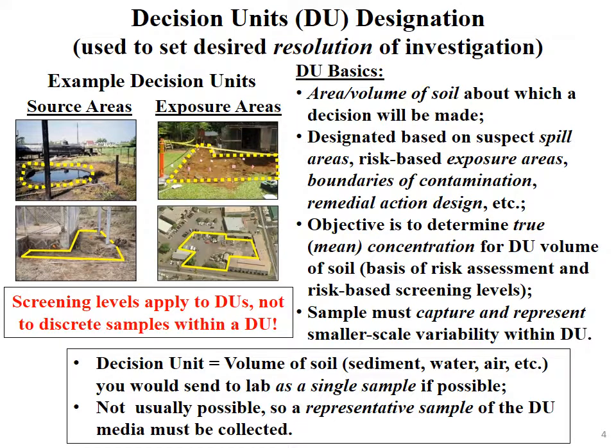And there's also associated with each DU then a decision statement. So once you collect the data, then you're prepared to carry out some action on that decision. So in this case, if the concentration of lead in this backyard exceeds Hawaii's screening level of 200 ppm, then that entire DU will be excavated and removed, or maybe it'll be capped. So that's a key point. Every DU has a specific objective designated up front and a specific decision statement assigned to it afterwards.